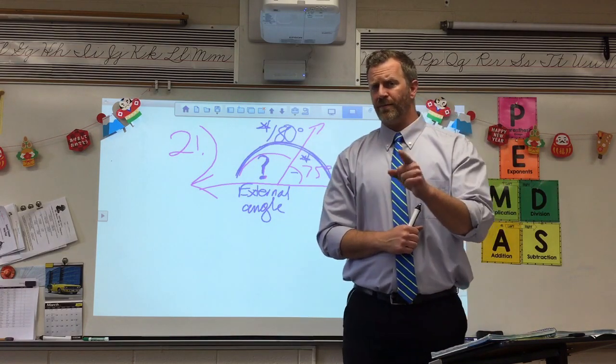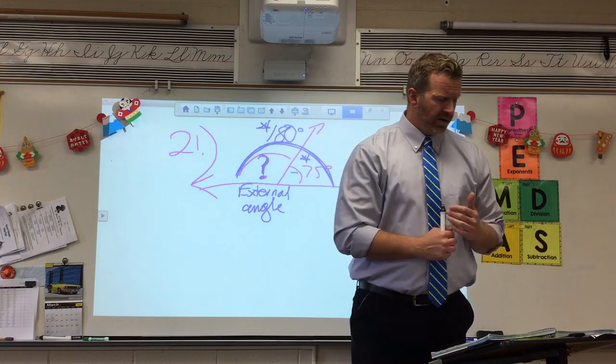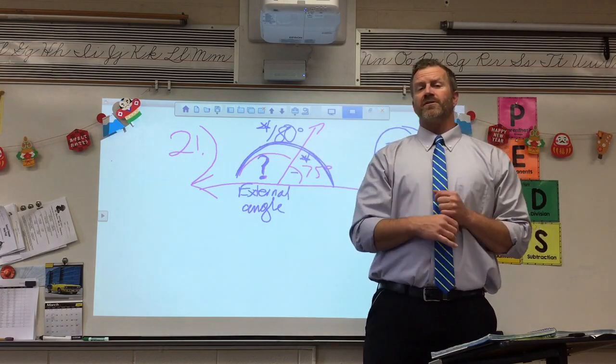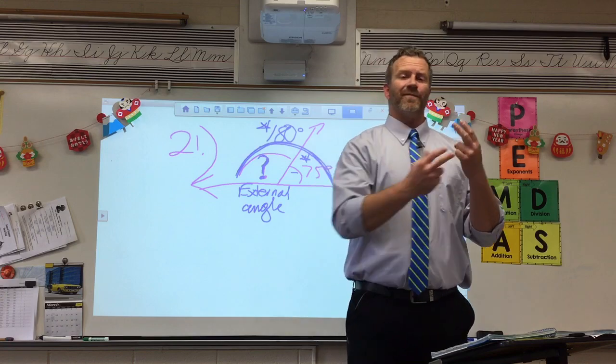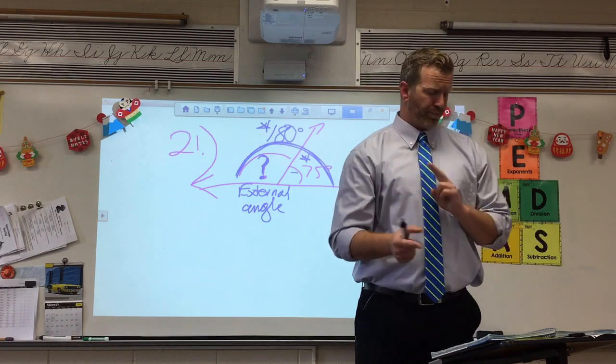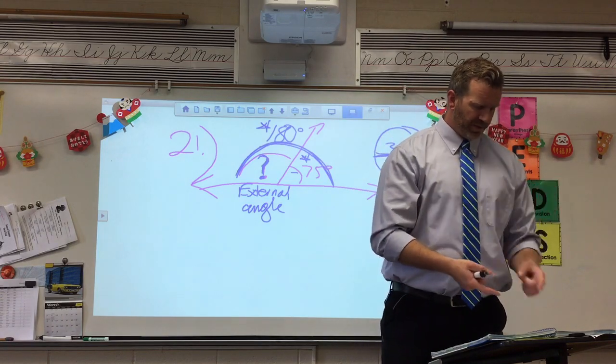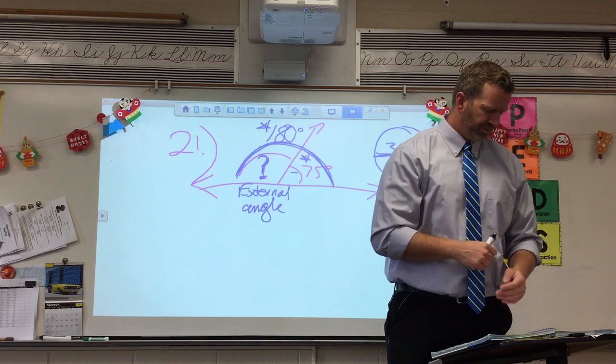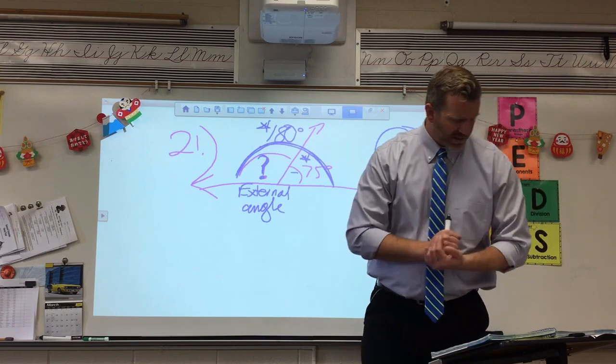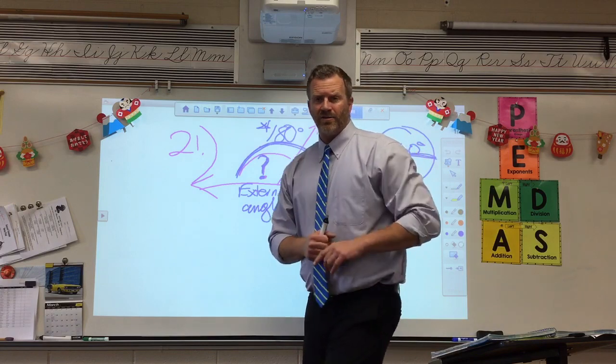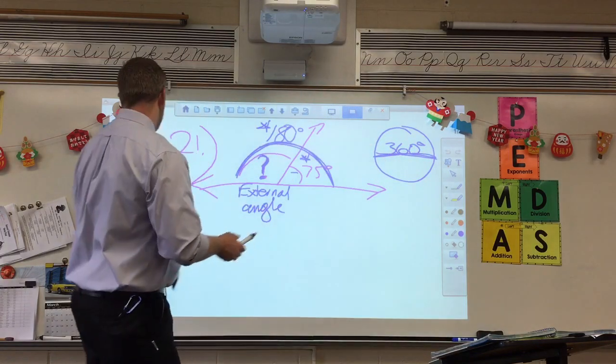25 on the back, last page of the lesson. For 25, just make sure that you're solving it both for feet and for yards, for both perimeter and for the area of that square. And then the last one I'm going to help you guys with is 28. Check out 28. Don't freak out.